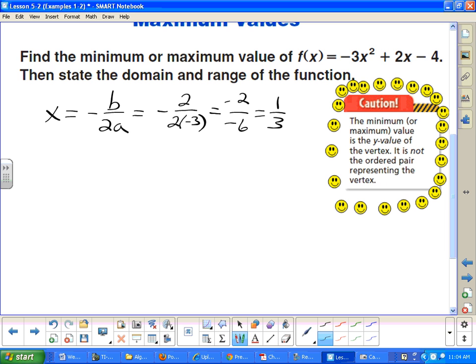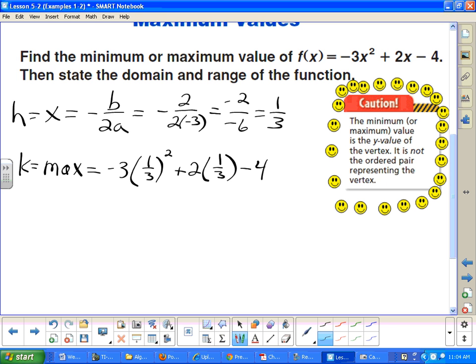Well, that's nice, but now I have to use that value to find the y value for the max. So in this case, the max is going to equal negative 3 times (1/3) squared plus 2 times 1/3 minus 4. And that's our value of k also from when we were talking about the vertex. This was the value of h. This y value is the value of k.